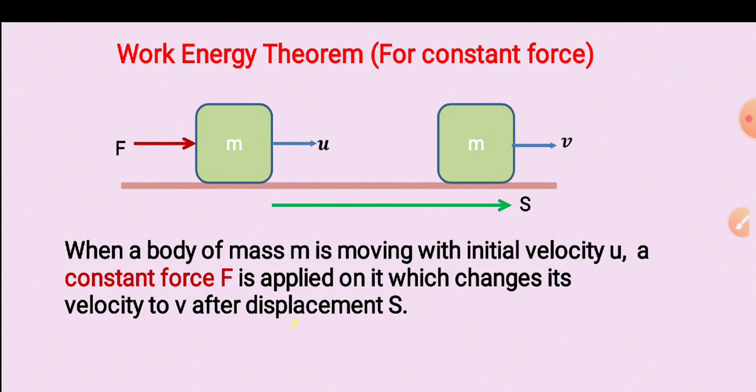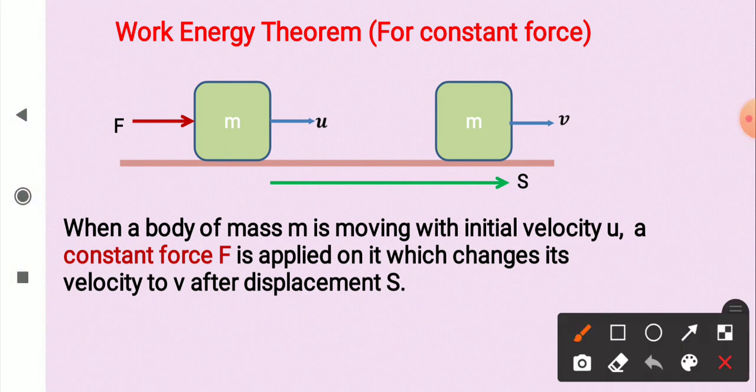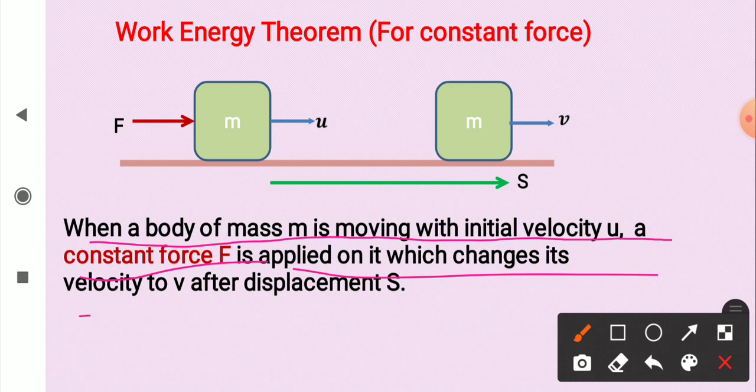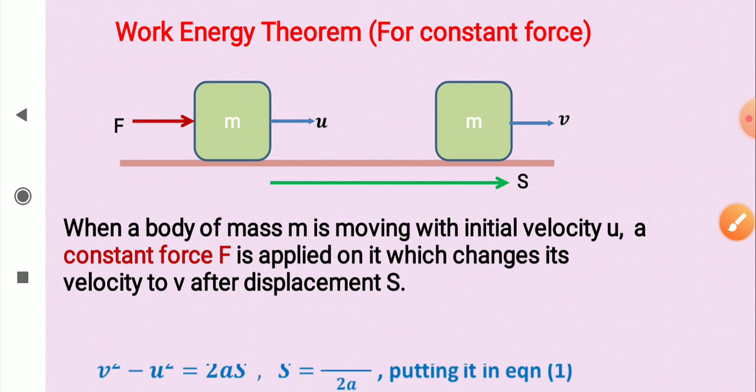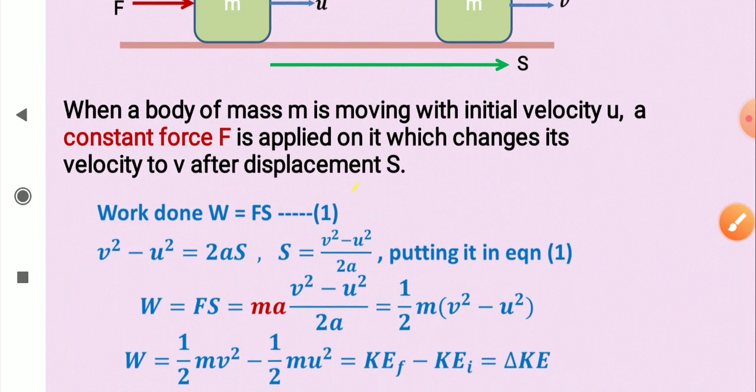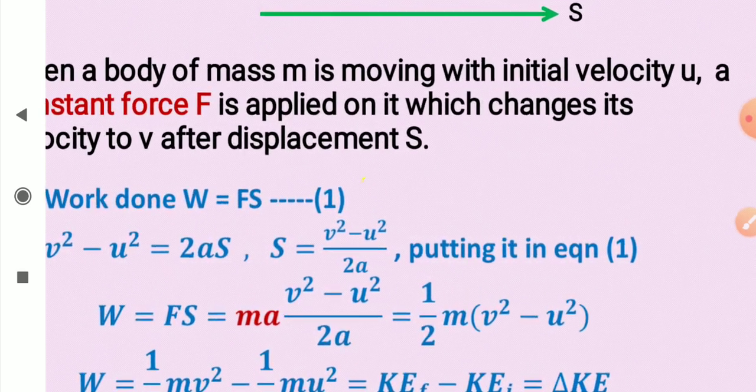So we want to find out work done. So when a body of mass m is moving with initial velocity u and a constant force F is applied on it, which changes its velocity to v after displacement s, then we will use these relations.